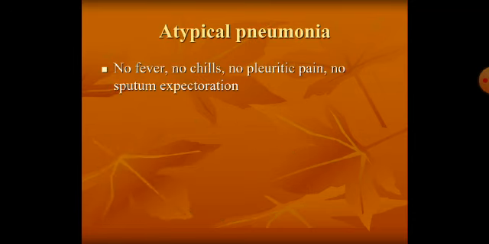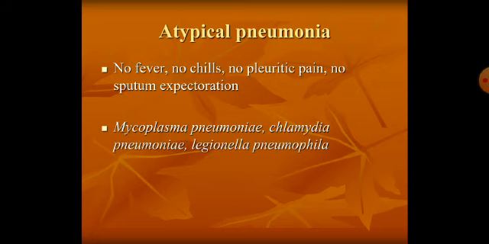In atypical pneumonia, the patient does not have fever, has no chills, there is no pleuritic pain, and there is no expectoration of sputum, which are classical symptoms of typical pneumonia. But Mycoplasma pneumoniae causes atypical pneumonia, where all these symptoms are totally absent.